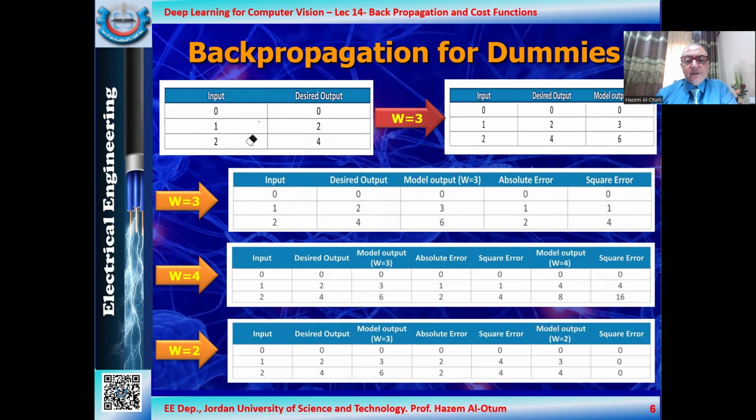As we have seen in this slide, selecting roughly W equals 3, we got an error. After selecting the second value, W equals 4, we saw an increase in error. We tried to reduce the value of W, and took W equals 2. It looks like W equals 2 gives us the minimum. Of course, we have selected integer values.